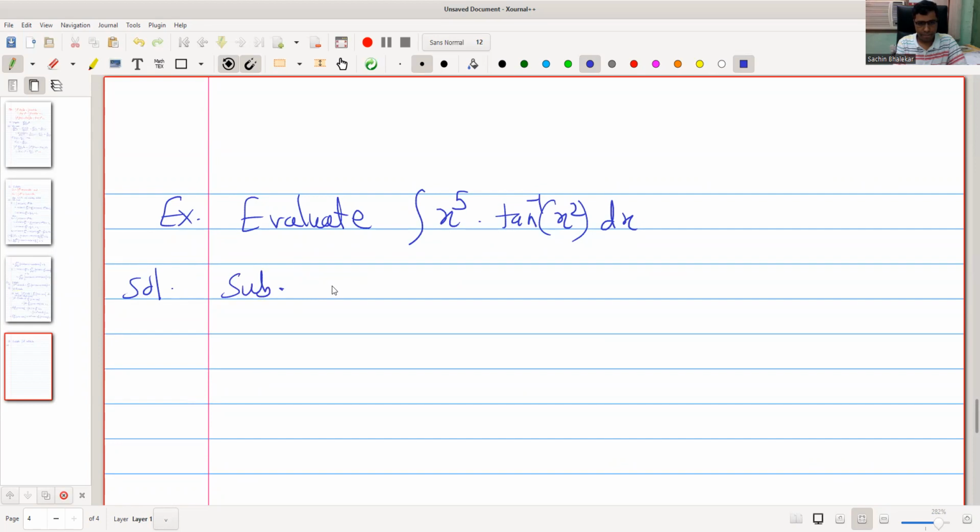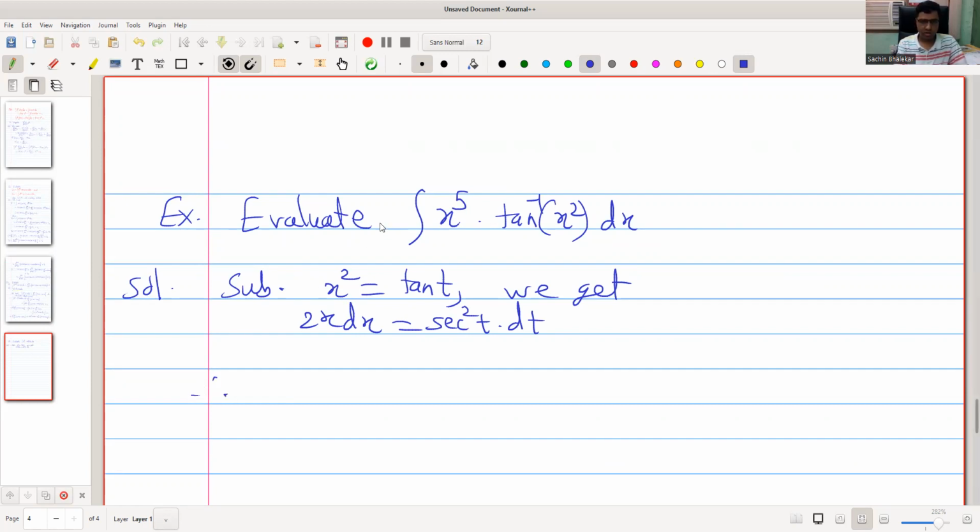Substituting x square equal to tan t, we get 2x dx. Differentiation of the left hand side is 2x dx, equal to differentiation of the right hand side, which is the derivative of tan t, sec square t into dt. Now we substitute here.